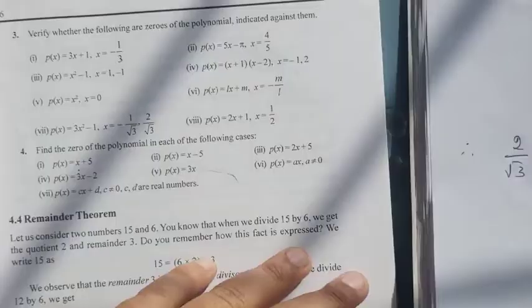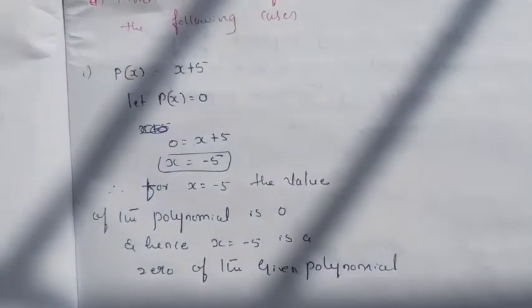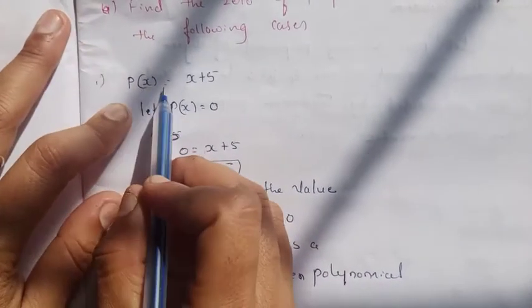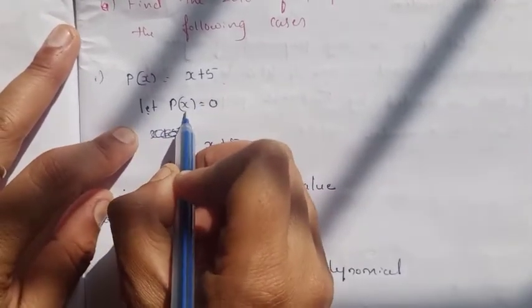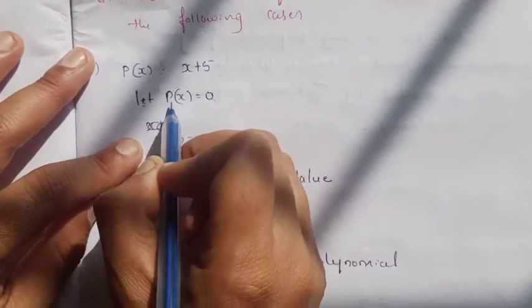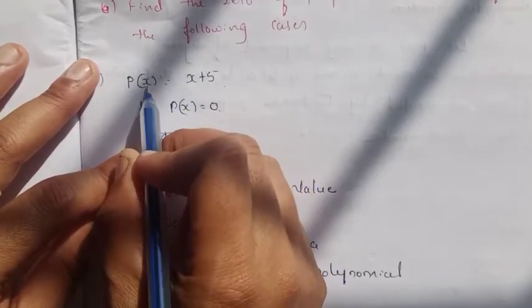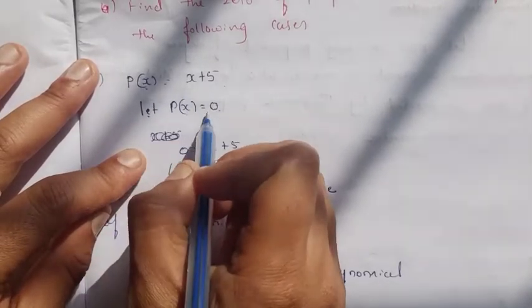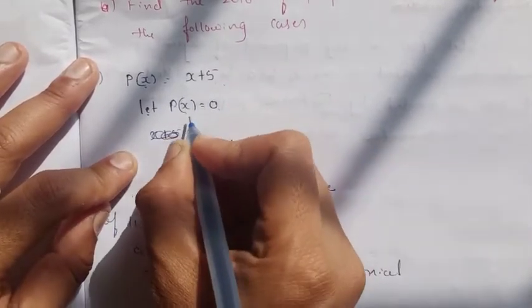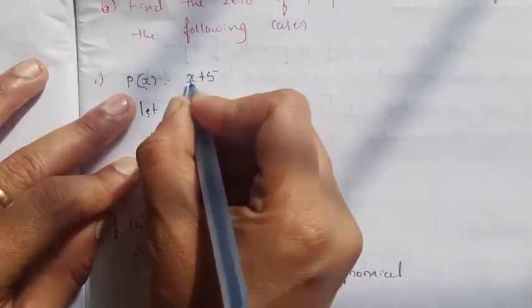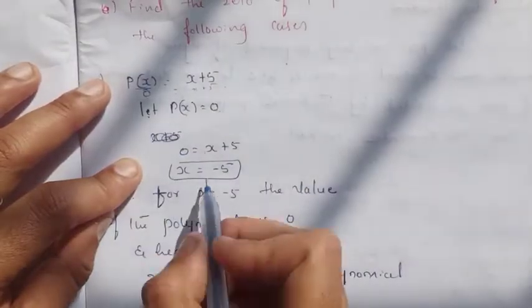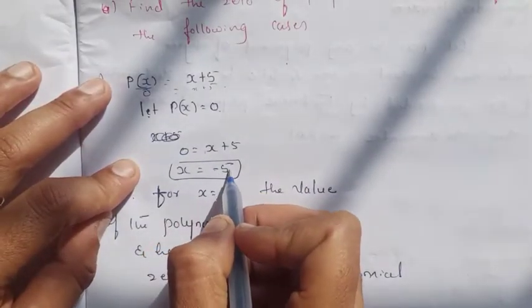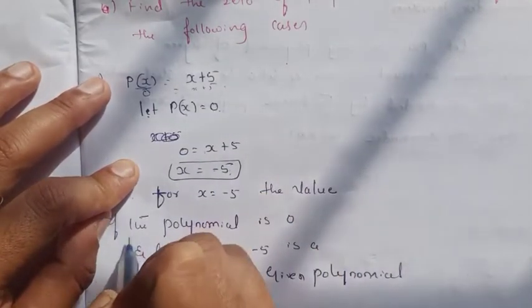The solution: let p of x be equal to x plus 5. First, let p of x equal to 0. We should find out now p of x equal to 0. Now 0 is equal to x plus 5. Then x equals minus 5.